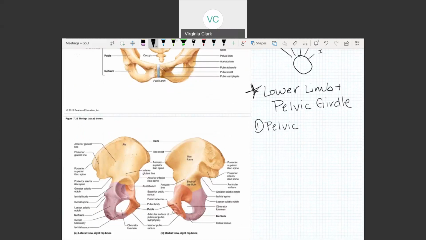Your pelvic girdle is going to be made up of your hips, essentially. It is going to be made up of 2 hip bones, and this is going to be called the coxal bone.